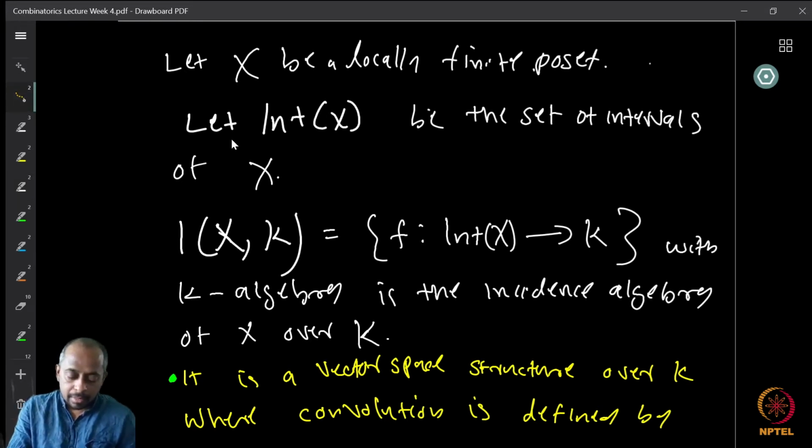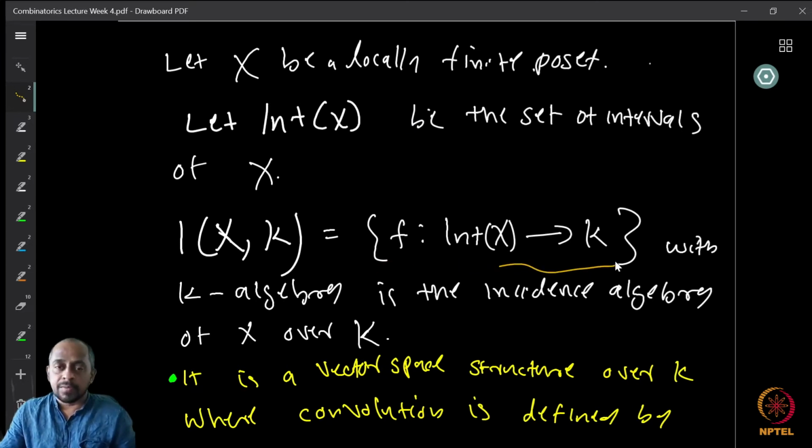Now consider the set of all functions from Int(X) to some field, let's say k. This set is denoted by I(X, k), and together with the algebra that comes from the field, the k-algebra, this is called the incidence algebra of the partially ordered set X over the field k.